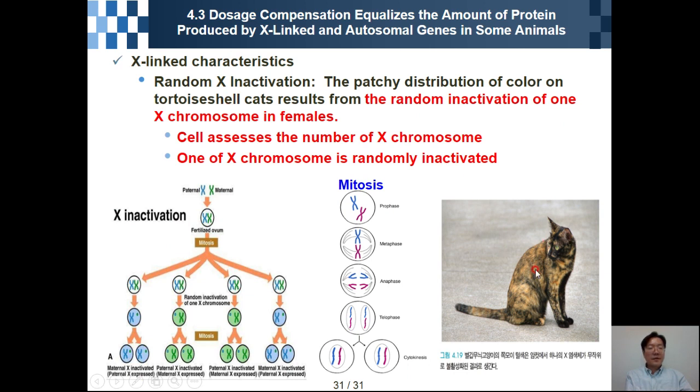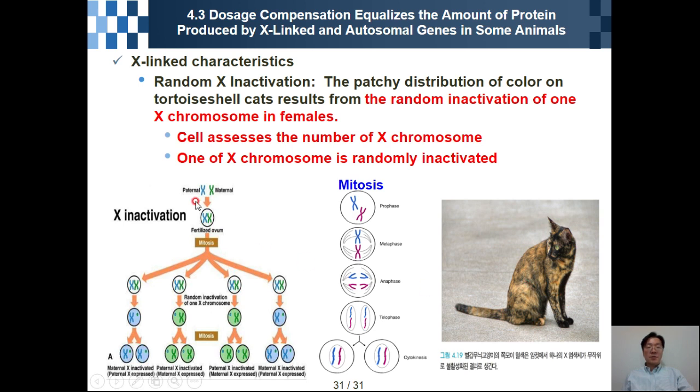The coat color is brown in some regions and black in others, a patchy distribution. But the patchy distribution of color in the cat results from the random inactivation of one X chromosome in the female. So this cat is female.